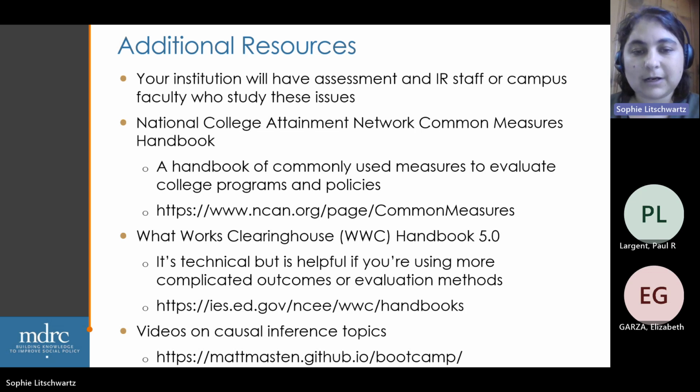The What Works Clearinghouse, if you're ever trying to do a slightly more elaborate evaluation or you're looking at more elaborate outcomes, has complicated but useful explanations of what you want to look for, both in your outcome measures and your evaluation methods. And then here's a link to some videos on causal inference topics that are trying to be an intro to the topic.